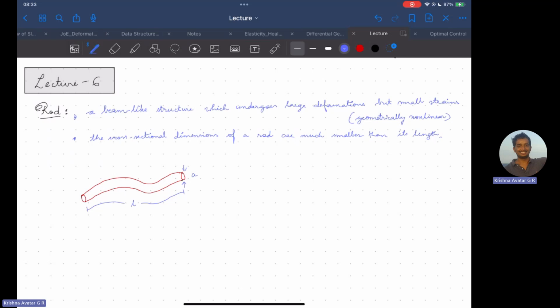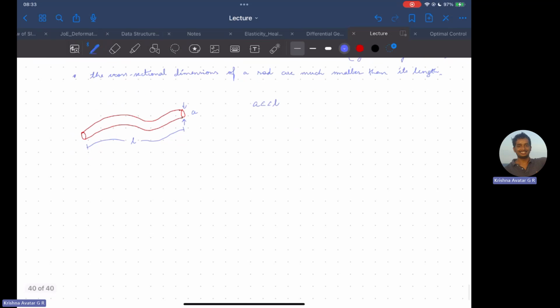So as we learned, A has to be much smaller than L, and because of these restrictions, the geometrical features, what we are able to do is define something called a center line.